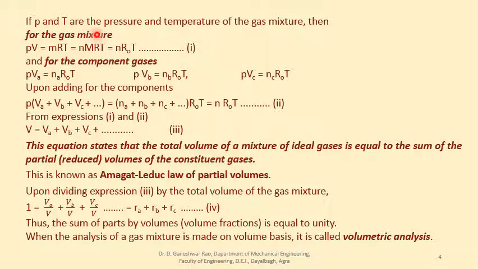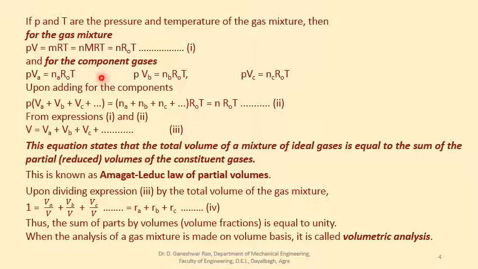If P and T are the pressure and temperature of the gas mixture, then for the gas mixture, the characteristic gas equation will be PV is equal to mRT. m can be replaced by n into M, where n is the number of moles of gas mixture and M is the molecular mass of the gas mixture, then nMRT, and M into R, that is molecular mass into characteristic gas constant, can be replaced by universal gas constant, so it will be nR0T.